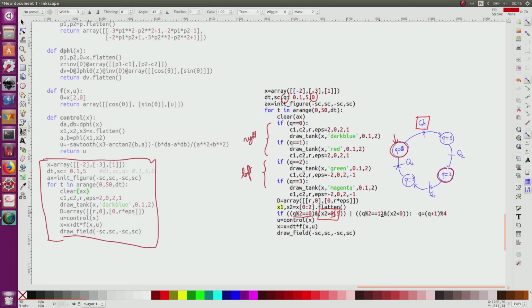Then I switch to the following state. It means I add 1 modulo 4, because once I am at 3, I have to come back to 0. Moreover, if q equal to 1 or 3, so if I am here or here, and if I enter in Q2 here, then I jump to the following state. That is the way I program the automaton.